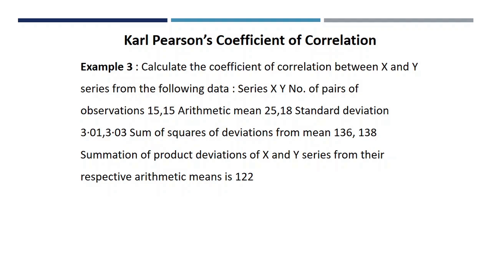Sum of the squares of the deviations from mean: sigma (x minus x bar) the whole square is 136 and sigma (y minus y bar) square is 138, and the summation of product deviations of x and y series from their respective means is 122, that is sigma (x minus x bar) into (y minus y bar) is 122.